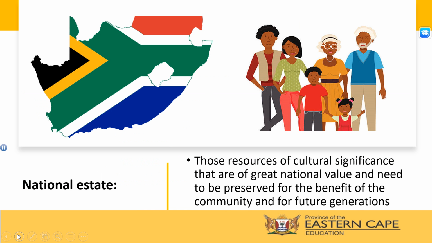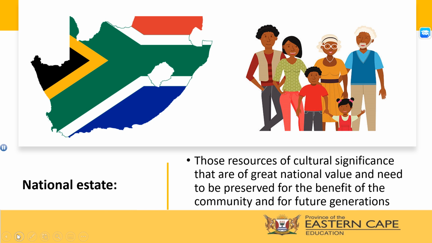If we can first have a look at the concept of national estate, I'm going to read it out for you. Those resources of cultural significance that are of great national value and need to be preserved for the benefit of the community and for future generations.